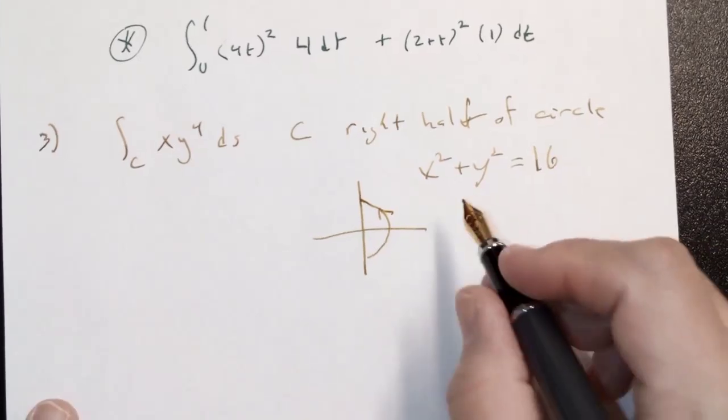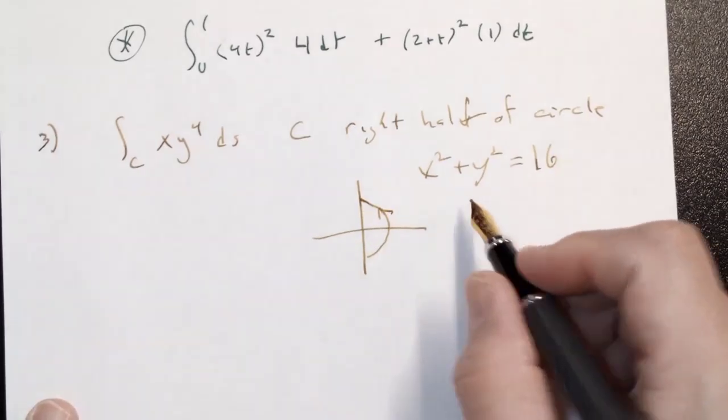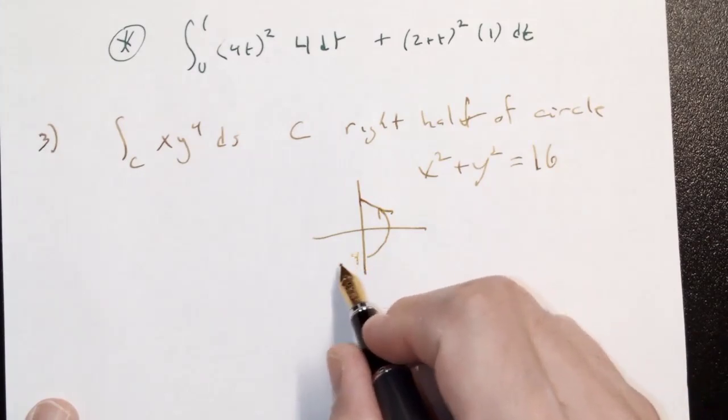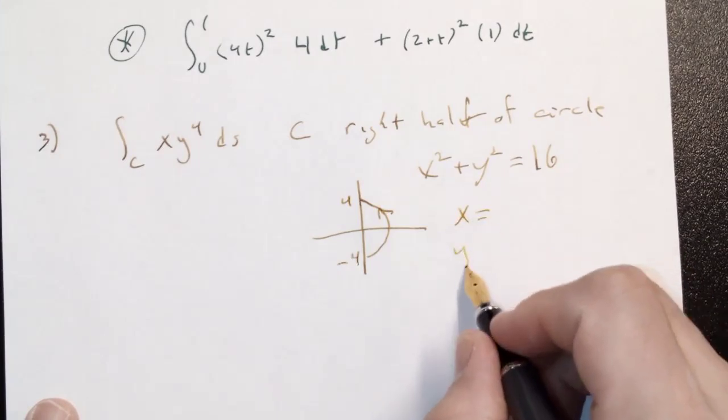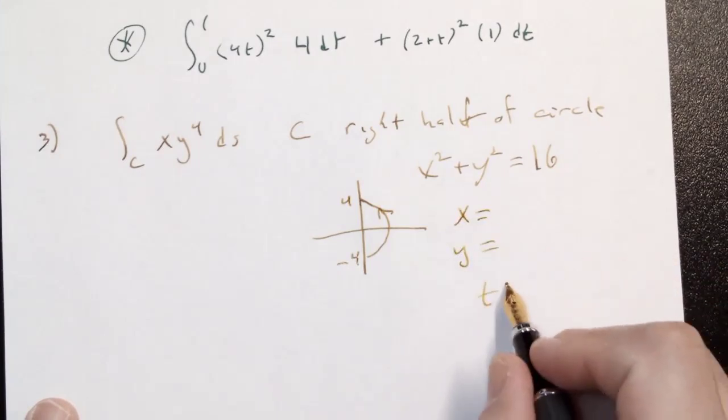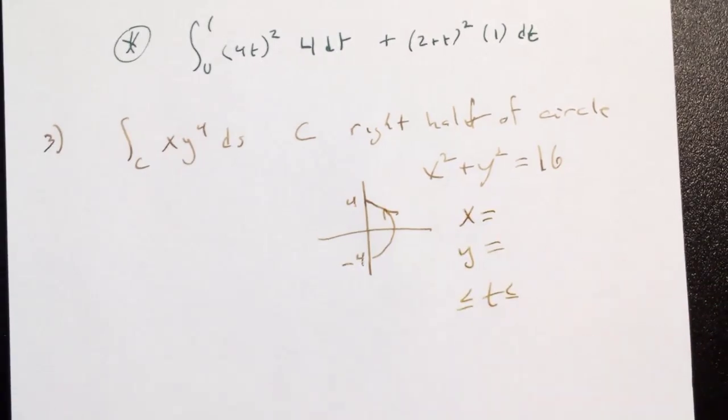But wait a minute. What's the radius of this circle? So x equals, y equals, and a boundary for t. You get a parametric description of this circle.